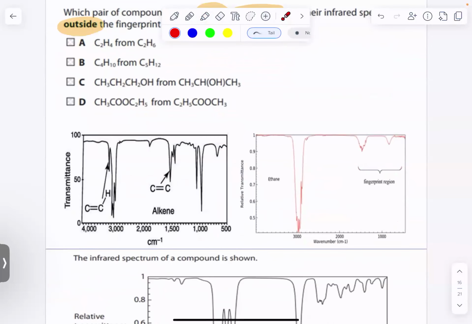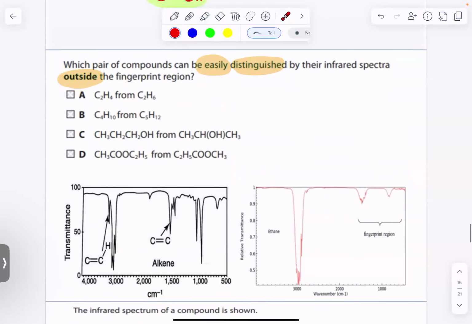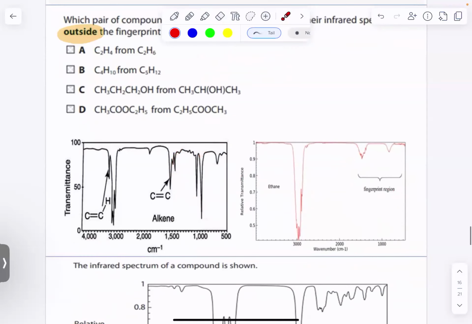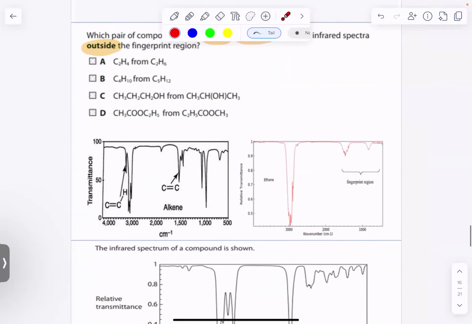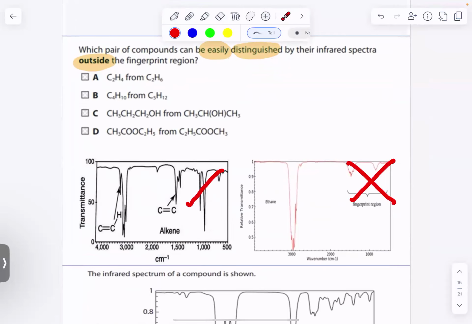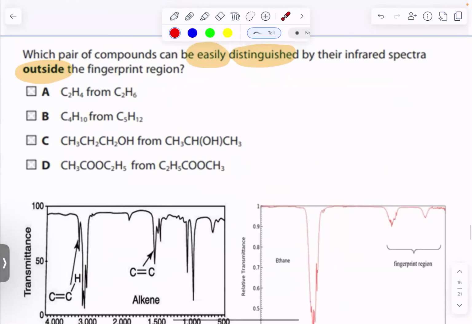Outside means that you do not need to consider the fingerprinting region. Is the fingerprinting region just the right-hand side? Yes. What the examiner is saying is don't consider this, but is there any option which can be easily distinguished by their infrared spectra? Now have a look. What is this? C2H4. Surely it would be C and D, because the alcohol isn't in the fingerprinting region.